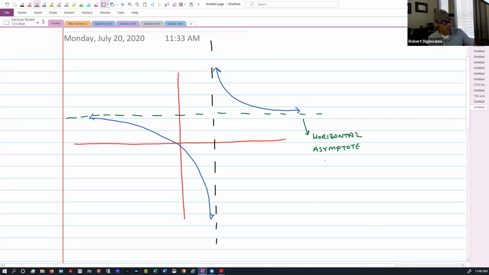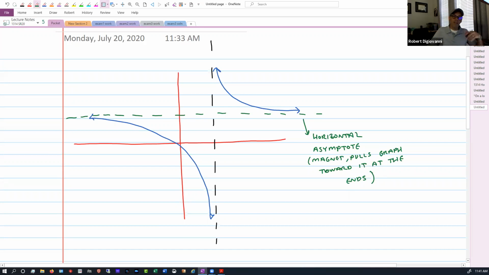I like to think of it as like a magnet, and it pulls the graph towards it, or toward it, at the ends.